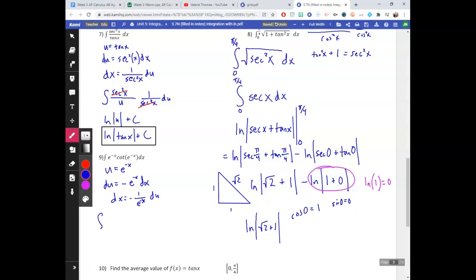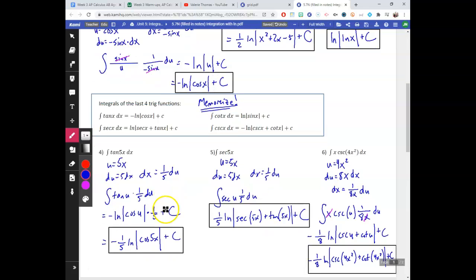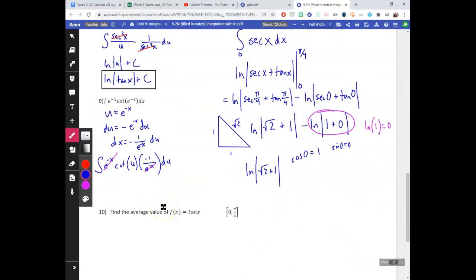So we get the integral of e to the negative x cotangent of u times, I'll just put negative 1 over e to the negative x. And now those e to the negative x's divide out. If you want to write it as e to the x and then divide it out, that's great too. So cotangent of u. What is the integral of cotangent of u? It's natural log of sine of u.